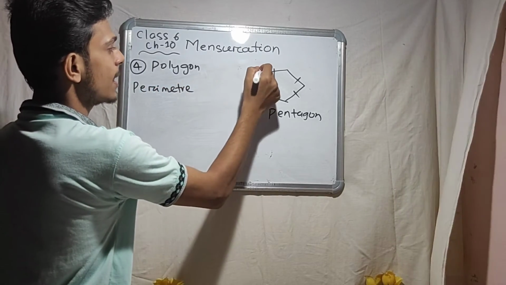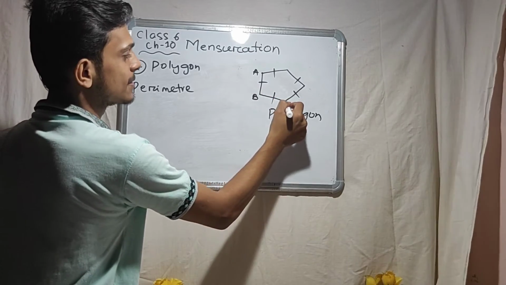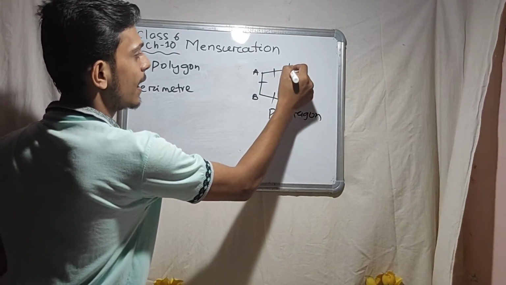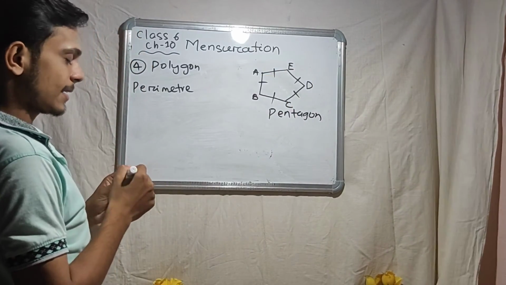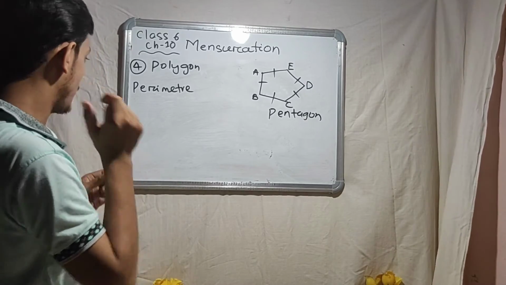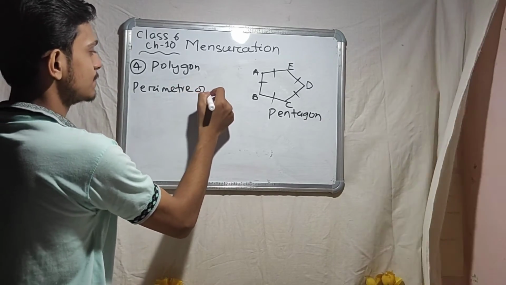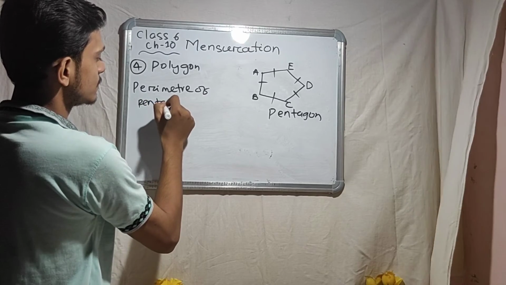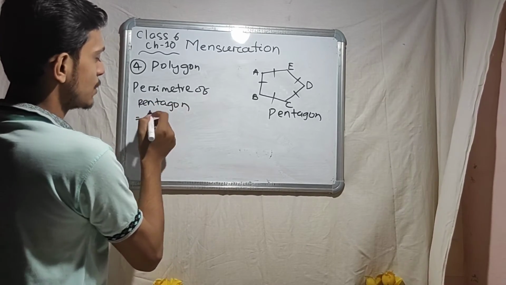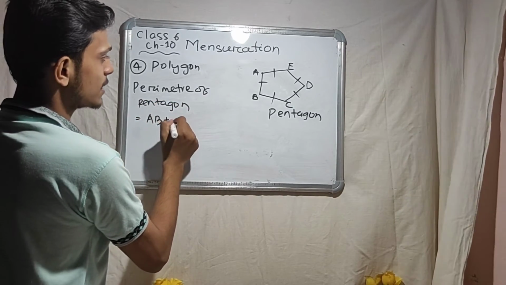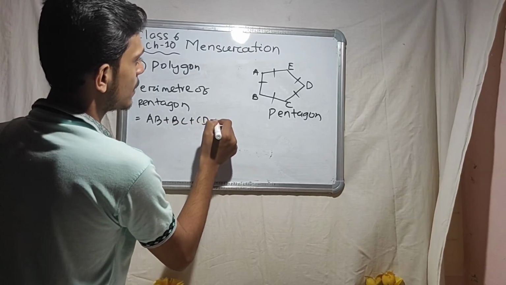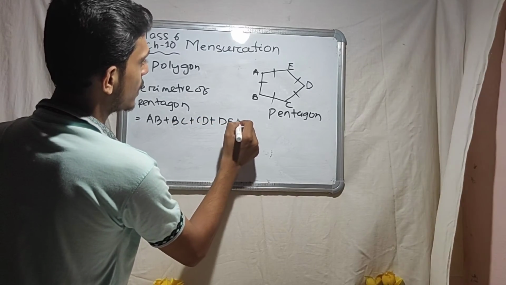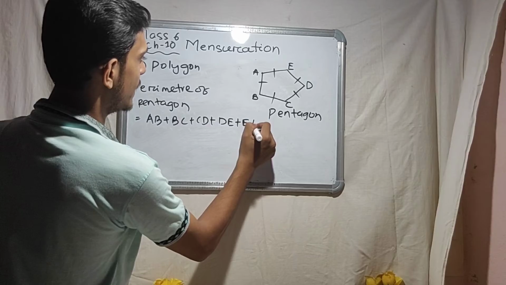Suppose the points are A, B, C, D, and E. Clear my point? So the perimeter of the pentagon is equal to AB plus BC plus CD plus DE plus EA.